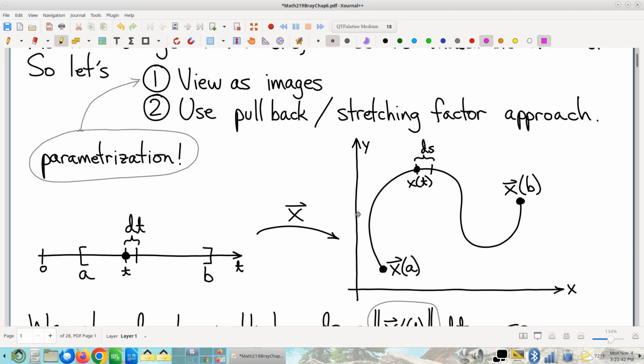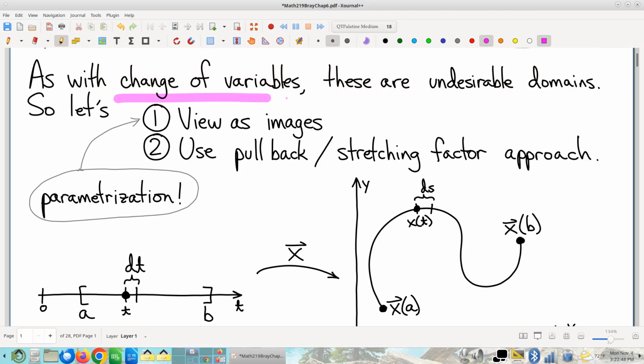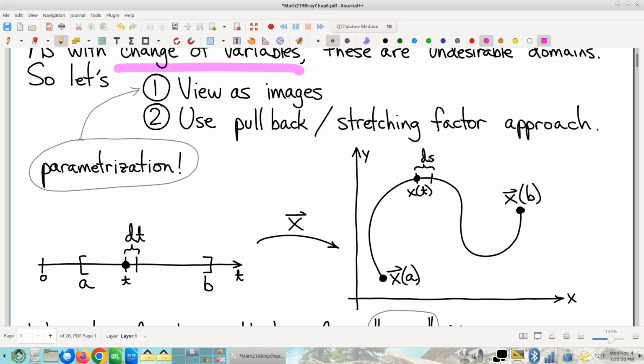Okay, so yeah, to computation. How do I compute? We have previously, in talking about change of variables, talked about the idea of having an undesirable domain. I don't even know what to do with it, right? It's dimensionally unrelatable in some sense.